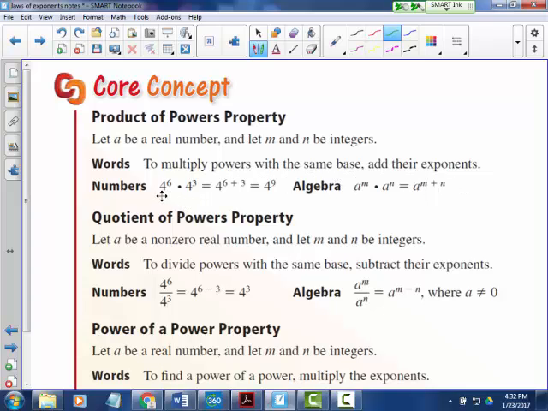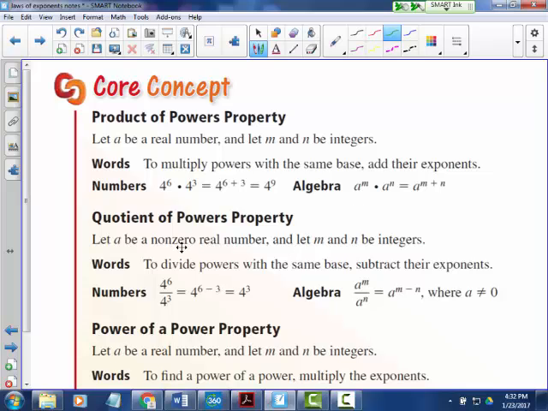This is a little bit bigger. You can see 4 to the 6th times 4 to the 3rd is the same thing as 4 to the 6th plus 3, or 4 to the 9th, which again would be 4 times 4 times 4 times 4, 9 times. In a more algebraic expression, with just letters, a to some number m times a to some number n is equal to a to the m plus n.